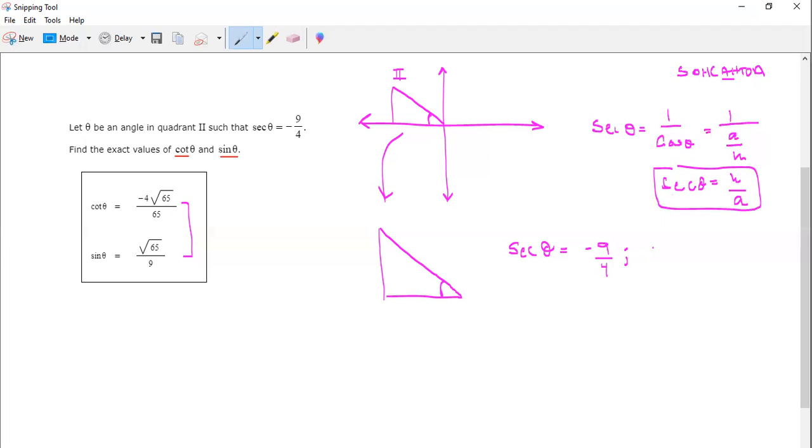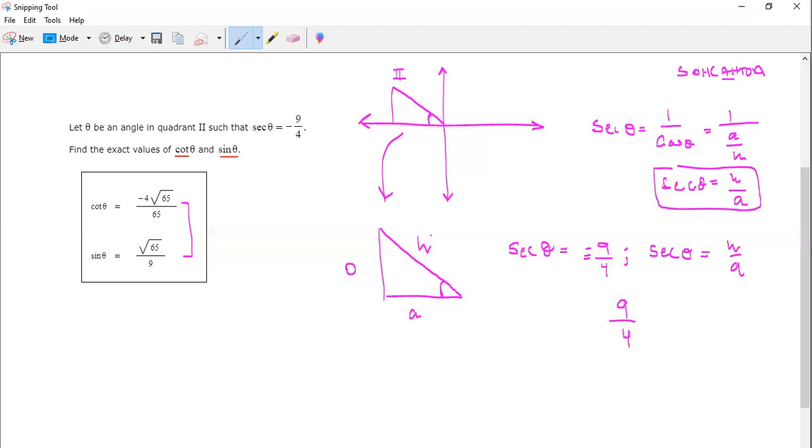So we can draw a parallel here and say that the secant of theta is equal to h over a in terms of its identity. If we had a triangle here, and this was our opposite side, this was our hypotenuse, and this was our adjacent, the secant of theta would have a hypotenuse of 9. We're ignoring the sign here, but that's important to keep note of. And it's going to have an adjacent side of 4.